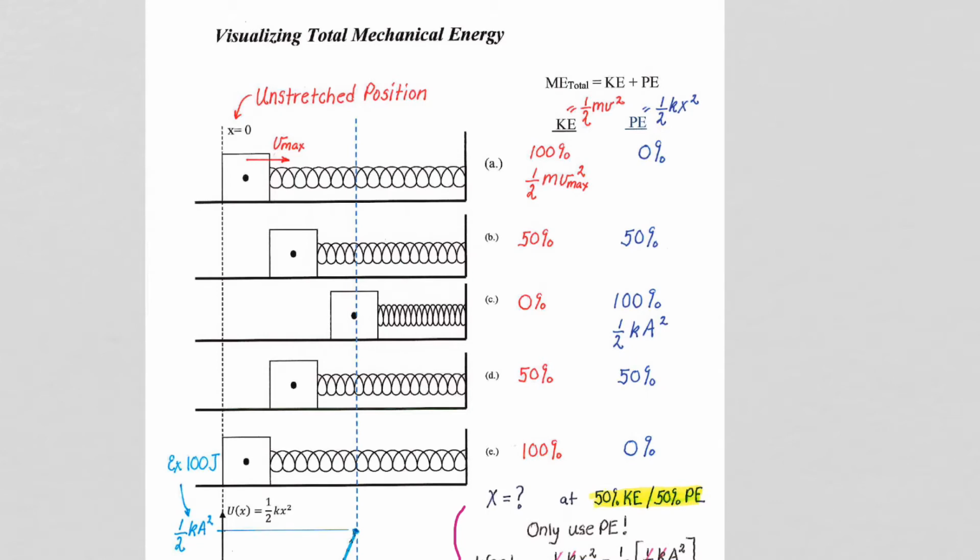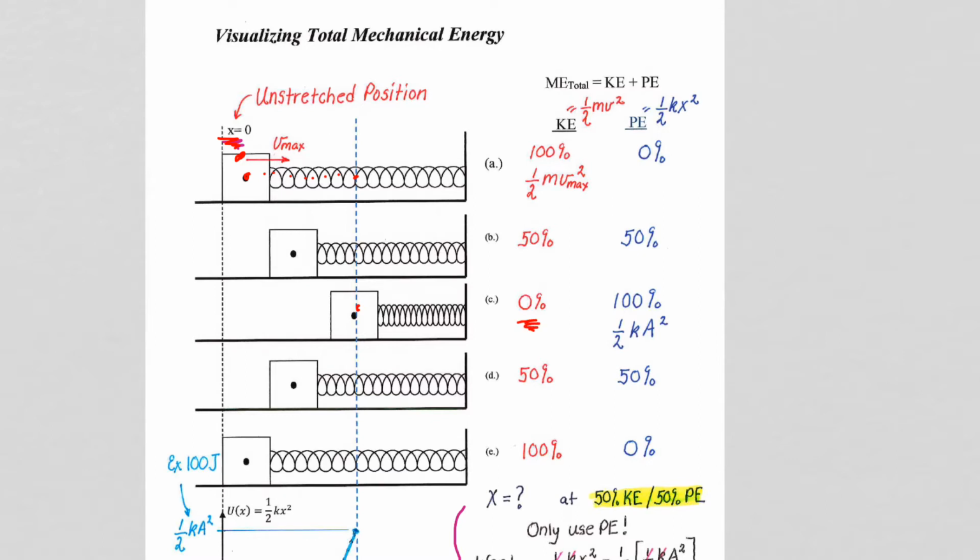So we're picking up our analysis here, our visualization, where the block has just hit position x equals 0, the unstretched spring position. It has its maximum velocity, and it is going forward to where it's going to come to a stop at this point. No kinetic energy. All potential energy.